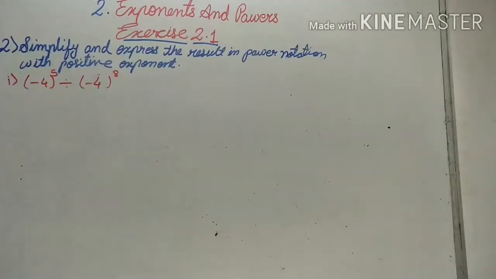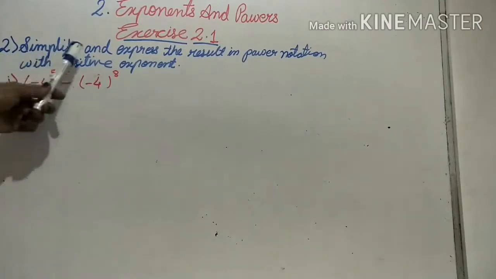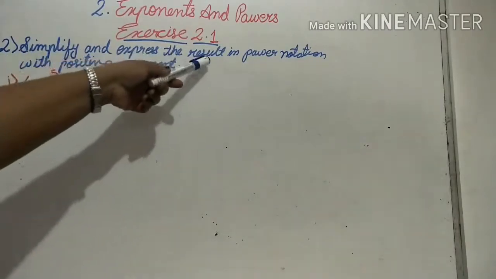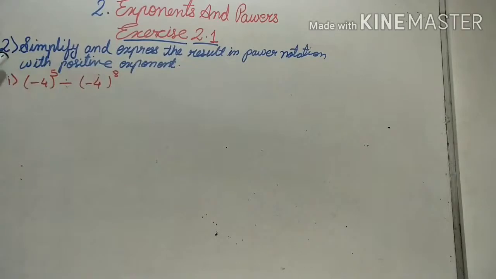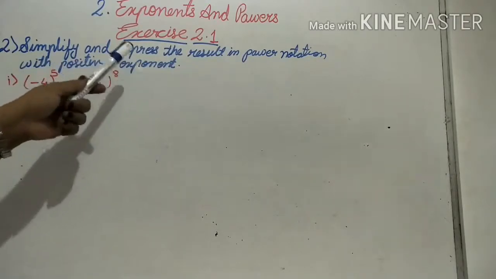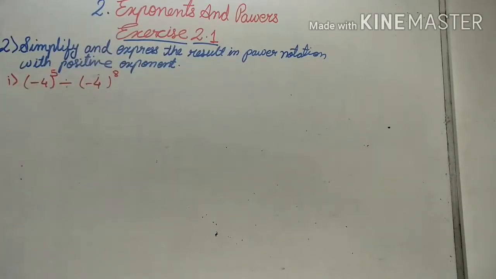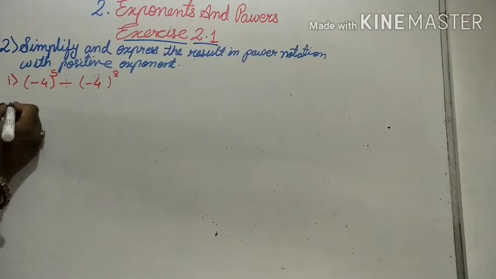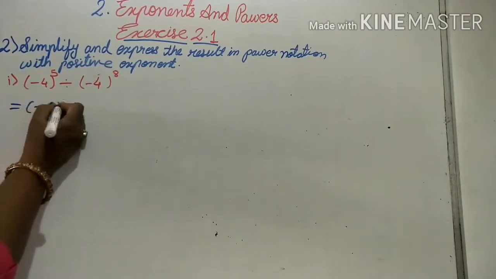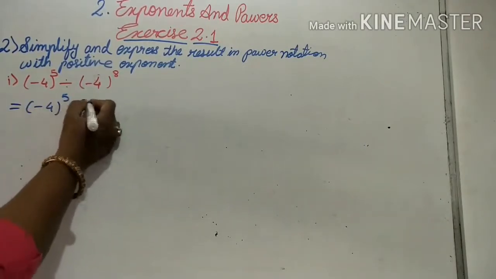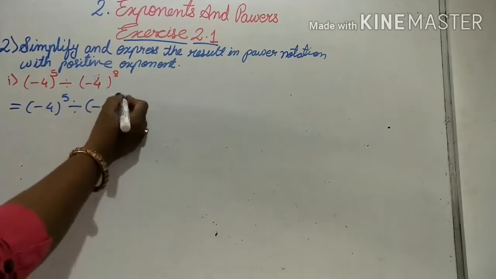Second main question. Simplify and express the result in power notation with positive exponent. Here we have to express the numbers in positive exponent. See here the question is minus 4 raised to 5 divided by minus 4 raised to 8.